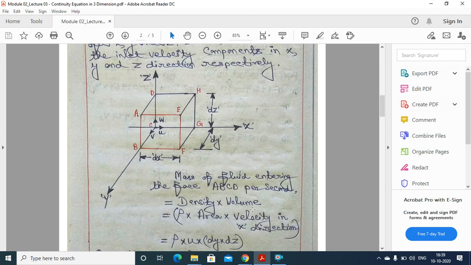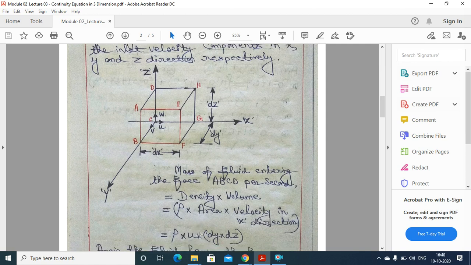Length per second means velocity. So it is rho into area into velocity in x direction. So the mass of fluid entering the face ABCD per second is rho into u into dy into dz.